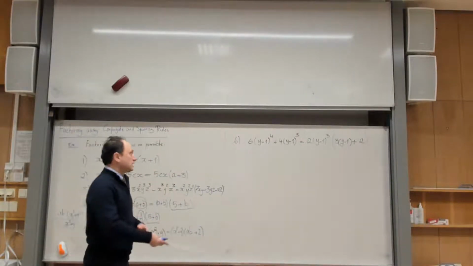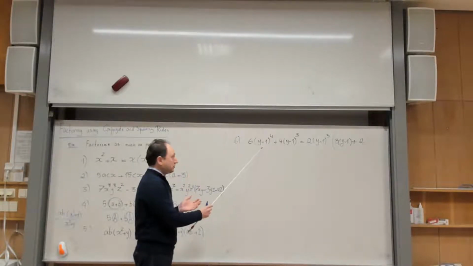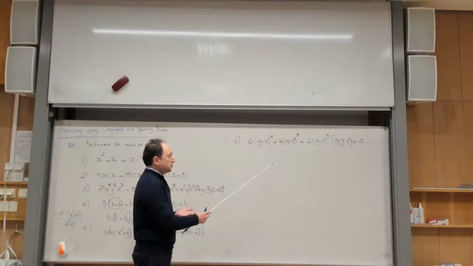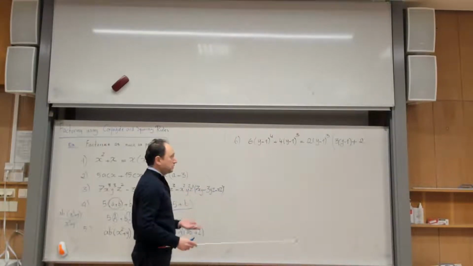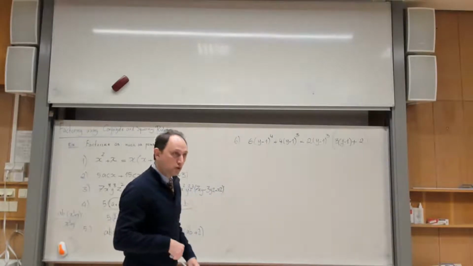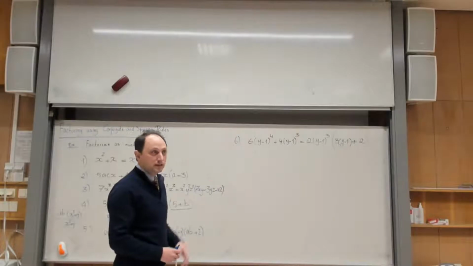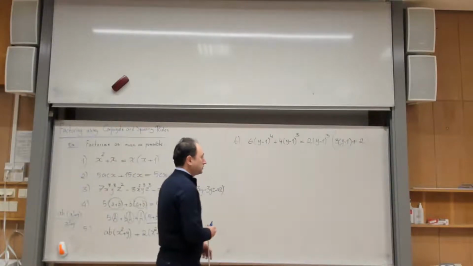If I ask you to expand this, it's harder. You have to write this 4 times multiplied by itself, 3 times multiplied by itself, expand them and add them. That is expansion. The goal is not expansion here at all. The goal is to write an expression equal to that, but in the form of a product.